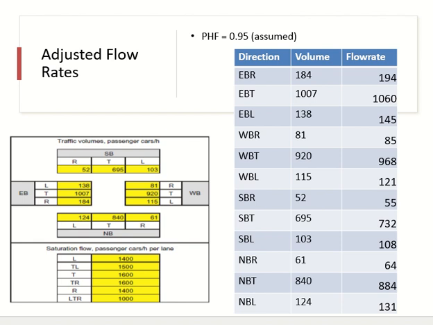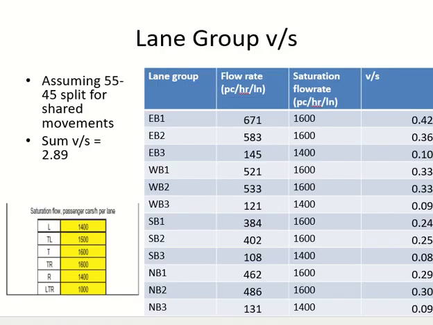Clear or not? So this is coming from here. Saturation flow rate I just picked from the table. And then we take the ratio, V upon S, for everything. Clear? Any question?